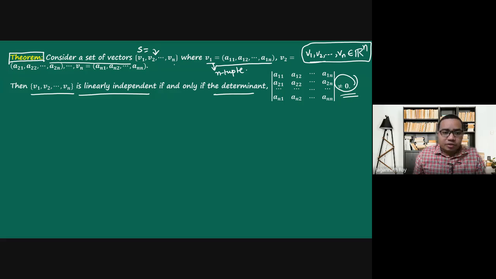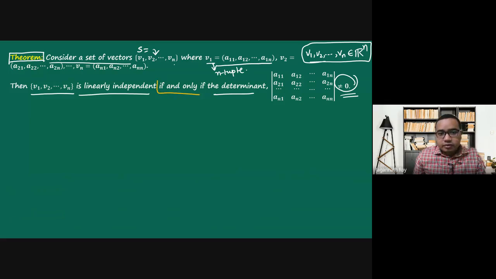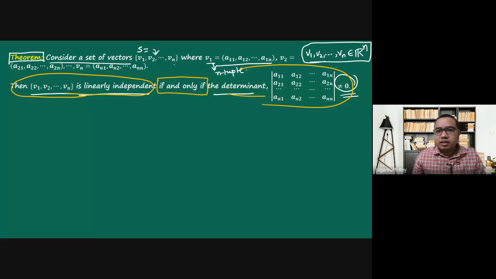Now, I will explain the meaning of if and only if. If this portion holds, then we get this result. Again, if this portion holds, then we get this result. In brief it is called IFF, or it is written as implies and implied by.